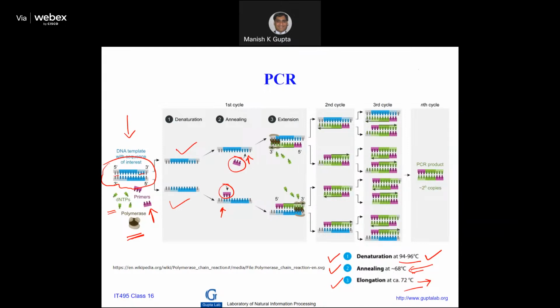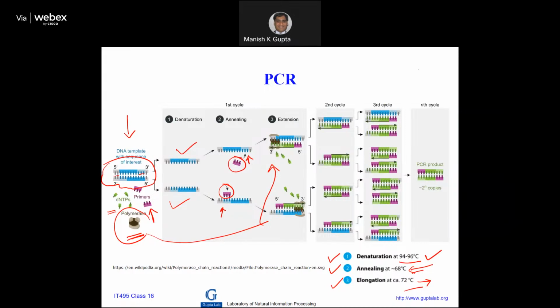Then the polymerase will come into the picture and start filling in. You can see that here the polymerase is attaching and making the whole complementary strand at the bottom, right? The first one and the second one, at both the places actually. One primer is doing it for this, another primer is doing it for this.